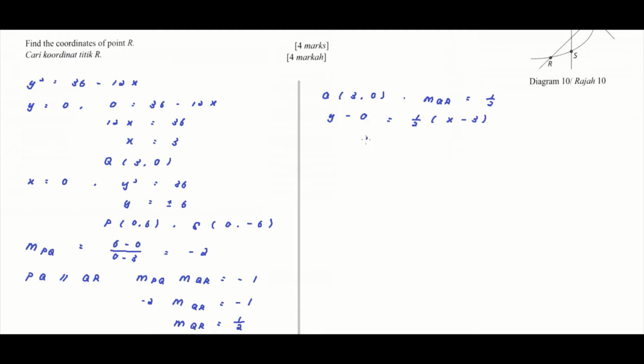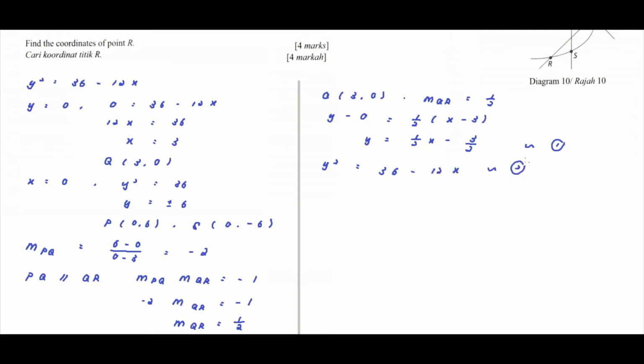From that, I can get y equal to 1 over 2 x minus 3 over 2. This is my equation, and it's the first equation for my simultaneous equation. Then my second one is certainly the equation for the curve, which is 36 minus 12x.